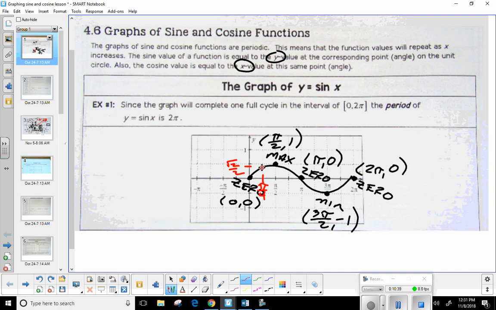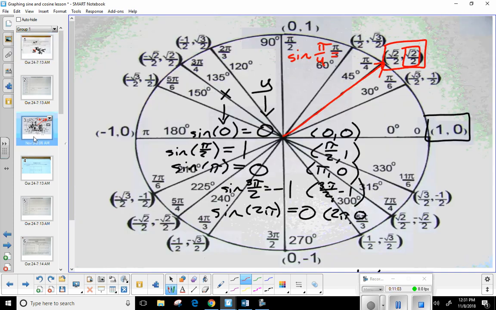Now, why is this graph going to repeat? Why am I going to see that same curve over and over again? Once I pass 2 pi, those y values just start to repeat. So see, the value of x may be getting larger because you're continually spiraling around this guy, but the y values are not going to change. So think of it like this.